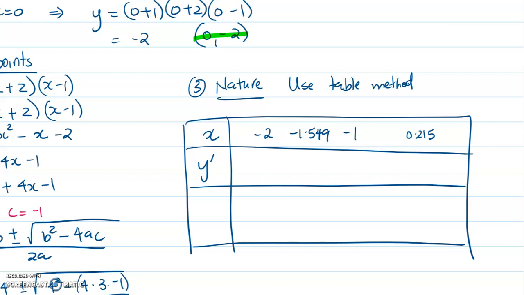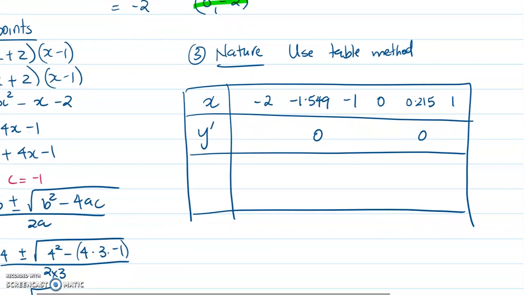And on the other side of 0.215, we can take maybe 0, and maybe we can take 1. So now we have 1, 2, 3, 4, 5, 6 points. Obviously the turning point values give y dash equal to 0. So let's substitute each of these values, starting with negative 2, into the y dash formula.